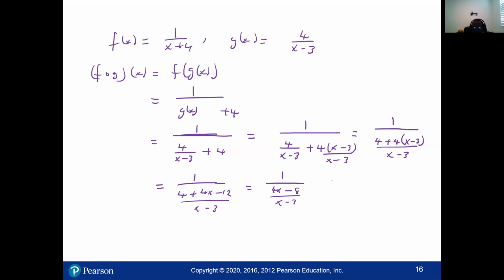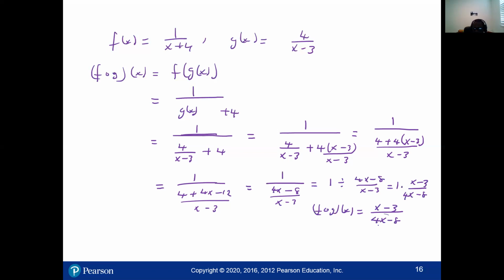Now, you want to see this as 1 divided by (4x minus 8 over x minus 3), which is equal to 1 times the reciprocal, x minus 3 over 4x minus 8. So f of g of x is equal to x minus 3 divided by 4x minus 8.